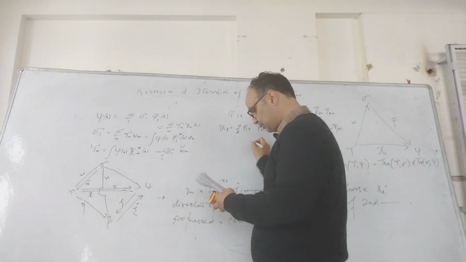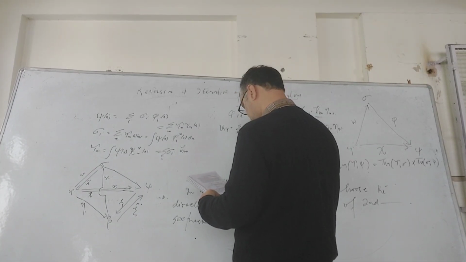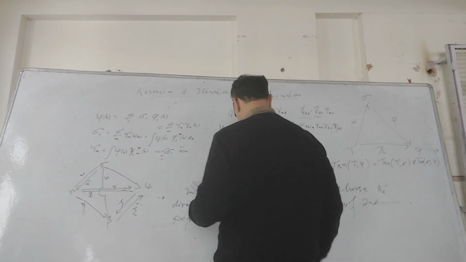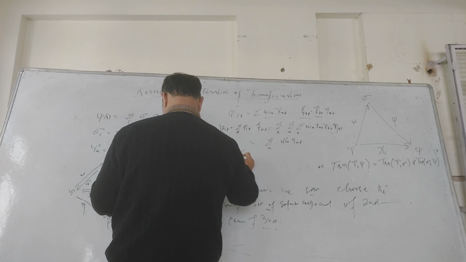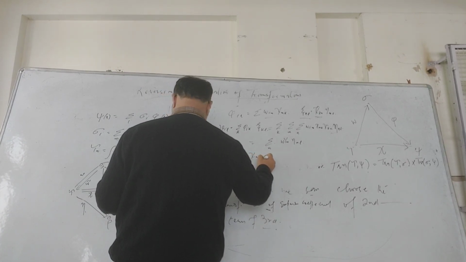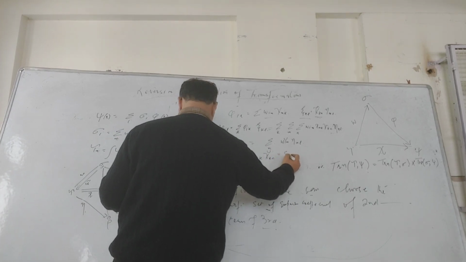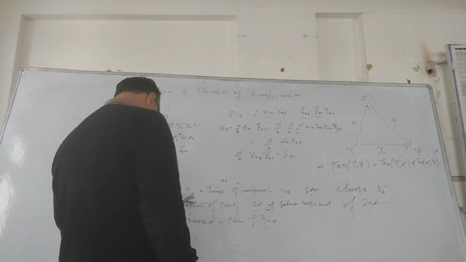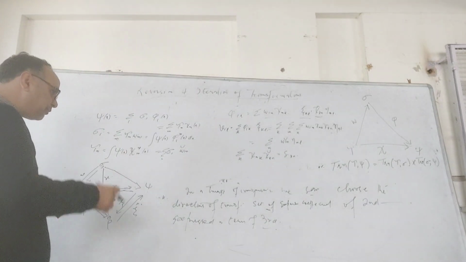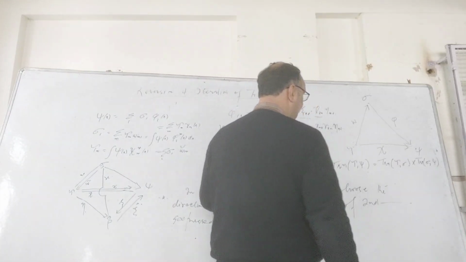So it will be equivalent to sigma of M, chi of M k, chi of K n, which will be delta of K n. So that's it.